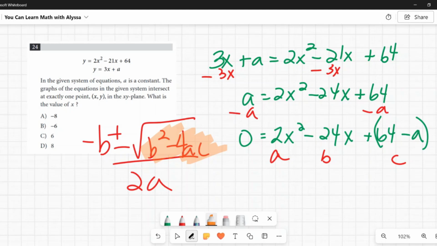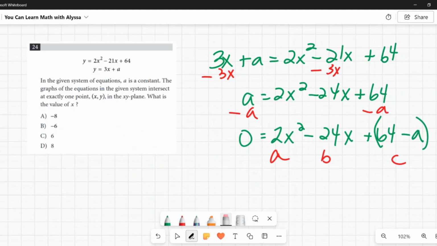If it is a positive number, you're getting a square root of a positive number, so you get two solutions. It's like if it was 2, you have negative b plus 2, negative b minus 2, two solutions. If under the radical it is equal to 0, there is only one solution because plus and minus 0 would be the same thing. If it is a negative number, then there are no real solutions because we can't have a negative square root as a real number. So b squared minus 4ac is the discriminant.